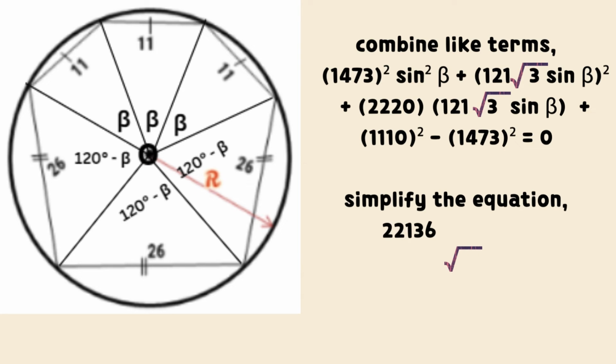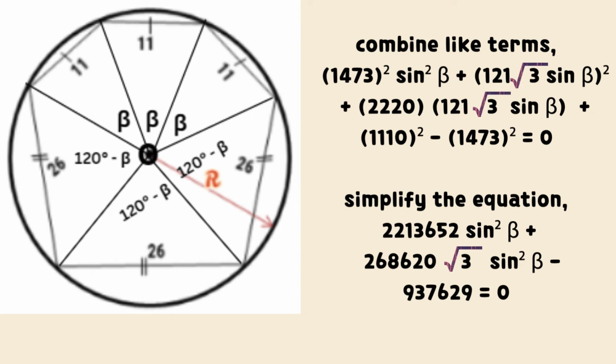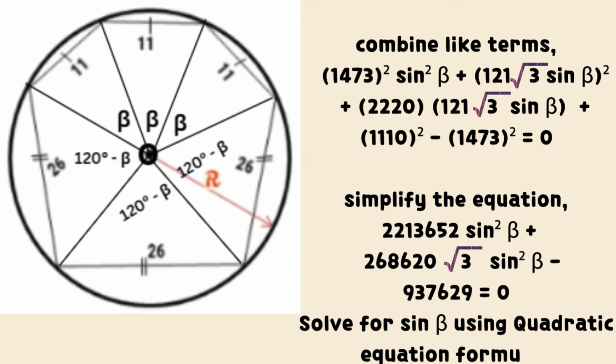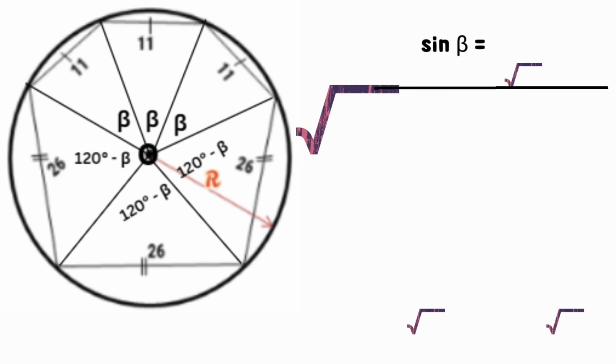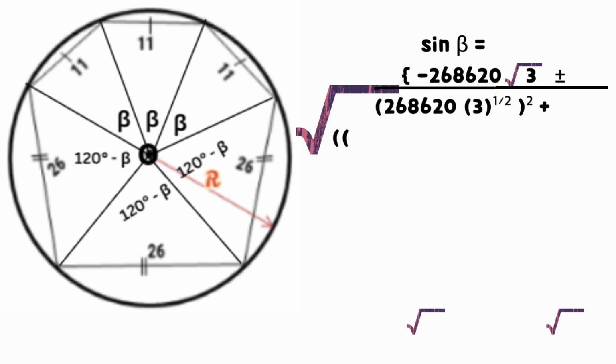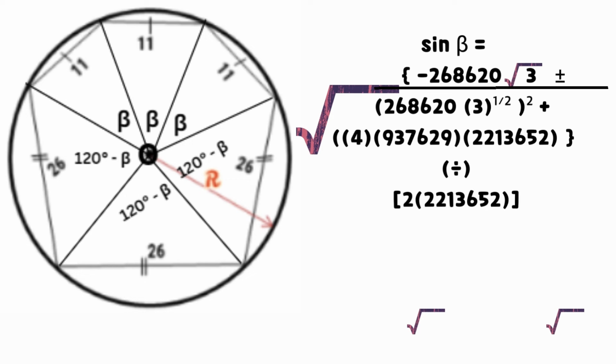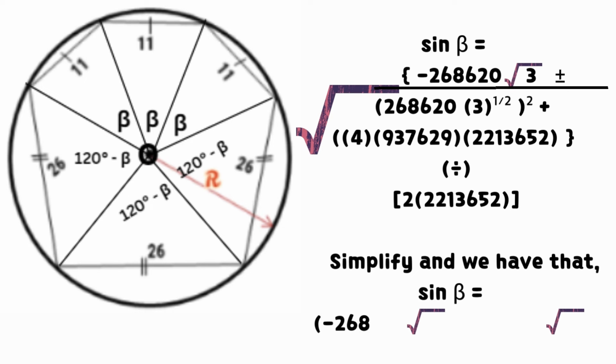Simplify the equation and solve for sine beta using the quadratic formula. Substitute the coefficients of the terms formed by the variable sine beta in the quadratic equation. We assume you already know the general formula used to solve a quadratic equation. For that reason, simplify the equation in sine beta as shown on the screen.